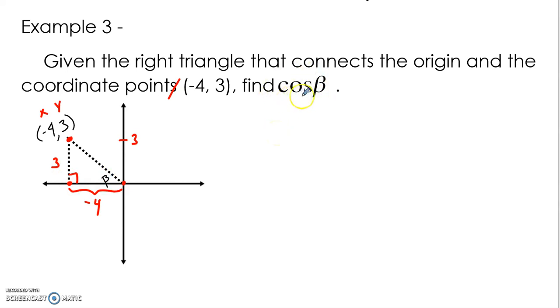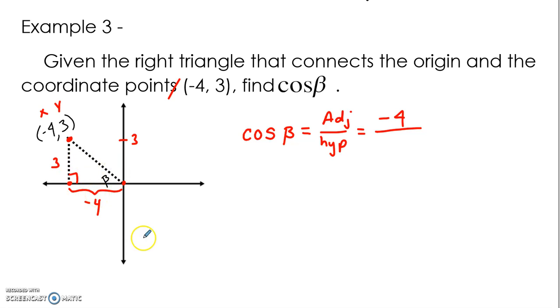So cosine of beta is equal to adjacent over the hypotenuse. My adjacent to beta, the one right next to it, is -4. I don't have the hypotenuse, so I'm going to have to perform the Pythagorean theorem.